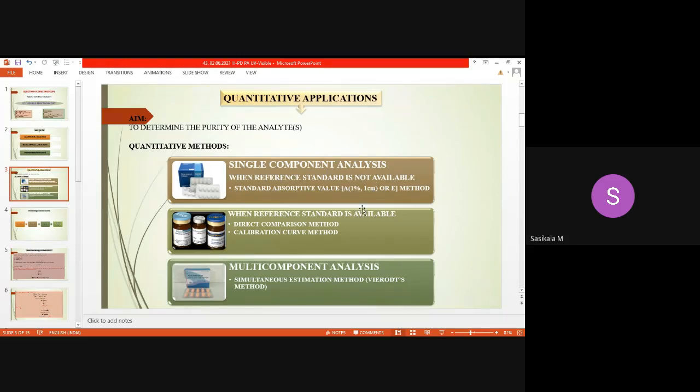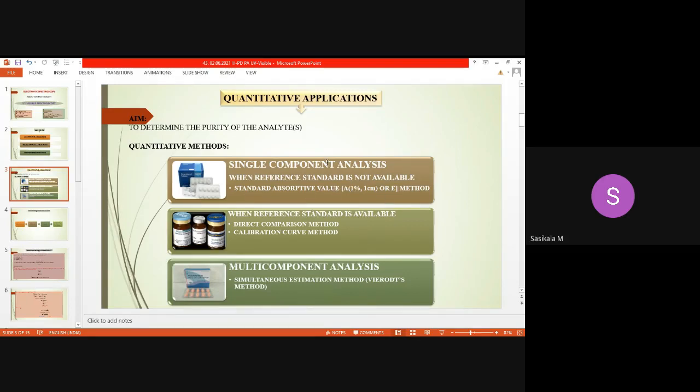The value obtained is called the absorptivity value, or absorption coefficient. It may be called A 1% 1 centimeter, absorption coefficient or extinction coefficient, that is E. It may be called by different names, but we'll say A 1% 1 centimeter method or standard absorptive value method.